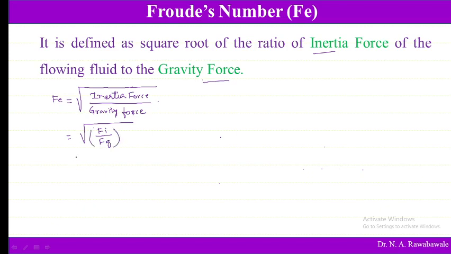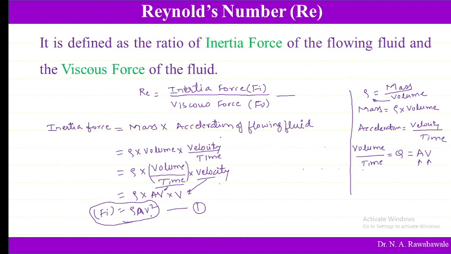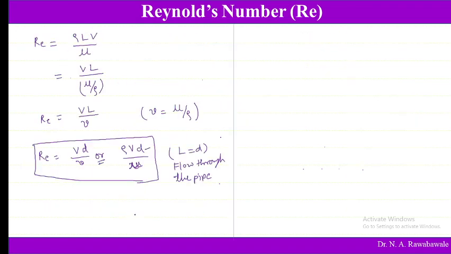Now we know Fi. Already we have obtained Fi in equation number 1 in the previous case itself. Fi is rho a v square.